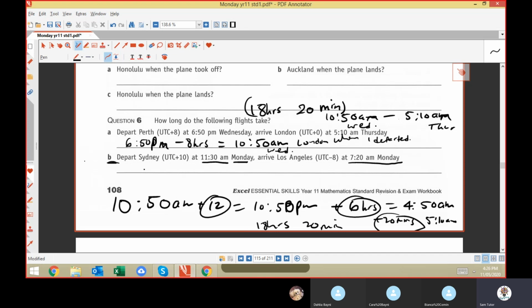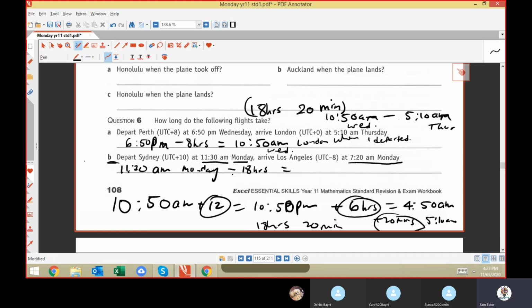So same thing, I'll do 11:30 a.m. Monday. You know that LA is 18 hours behind Sydney, so you're going to subtract 18 hours. That will tell you the time in LA. Of course, you know what time you arrived, so you're going to pretty much do the same thing. So let's have a look. 11:30 a.m. Monday, take away 18 hours.